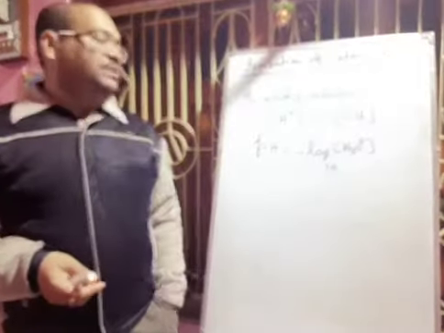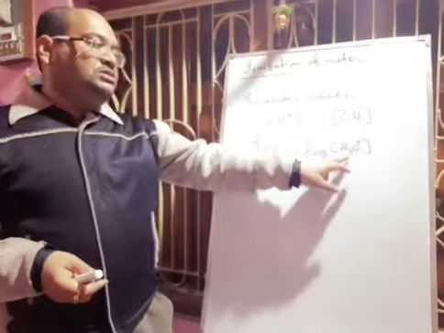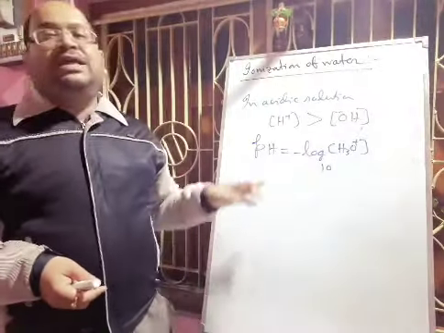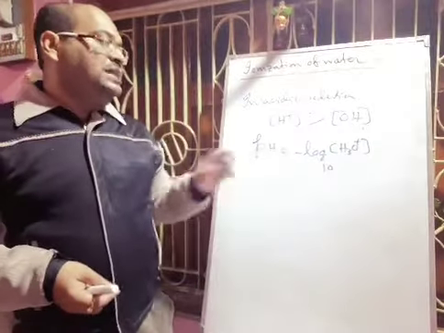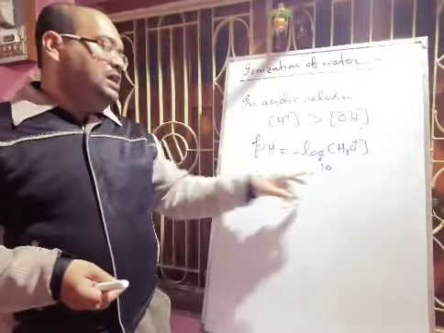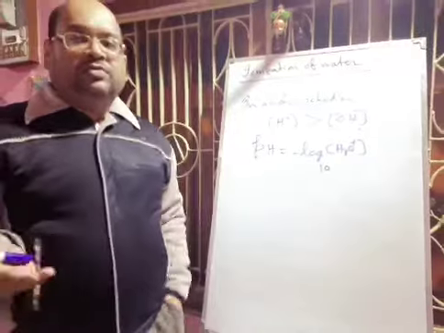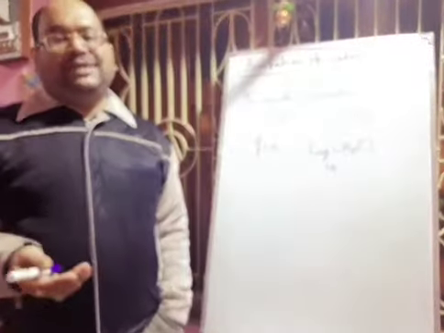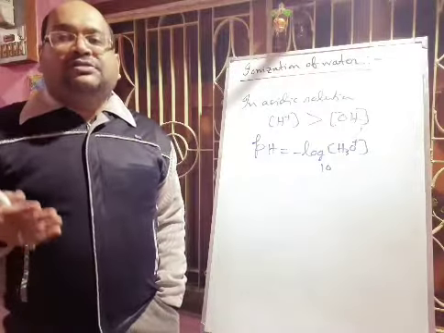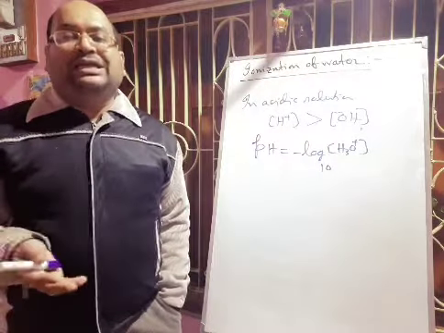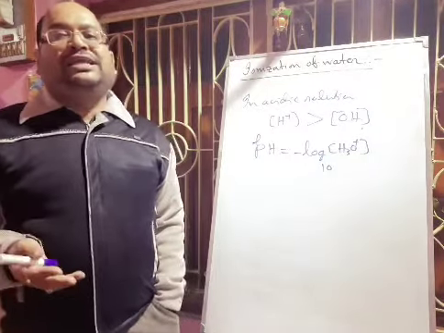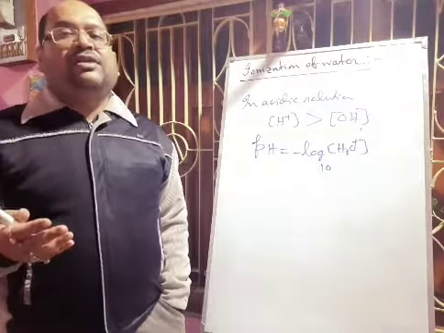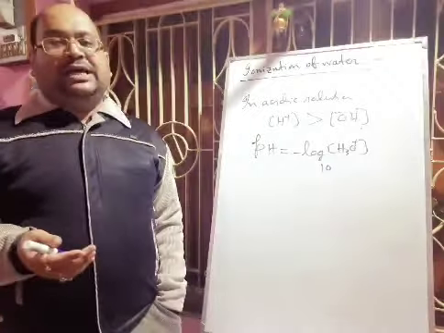If you want to calculate the concentration of H3O plus, that will be 10 to the power minus pH. This minus will go here, and that will be 10 to the power minus pH. All of you know this from mathematics. Now the hydrogen ion concentration of water at 22 degrees centigrade is 10 to the power minus 7 moles per liter.